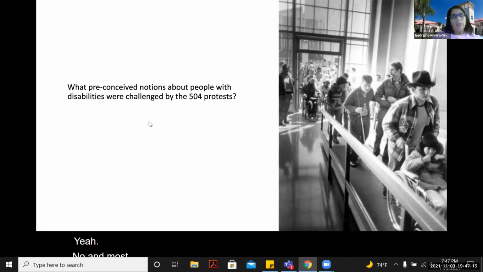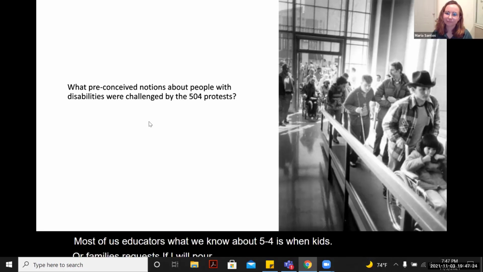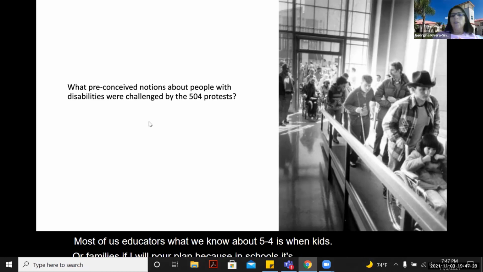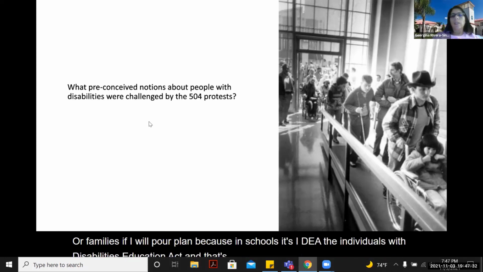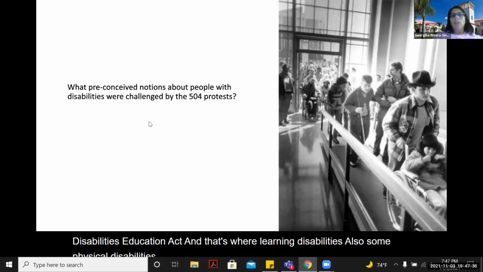Most of us educators, what we know about 504 is when kids or families request a 504 plan. Because in schools, it's mostly IDEA, the Individuals with Disabilities Education Act, and that's for learning disabilities, also some physical disabilities, but mostly any disability that adversely affects the learning of the student.